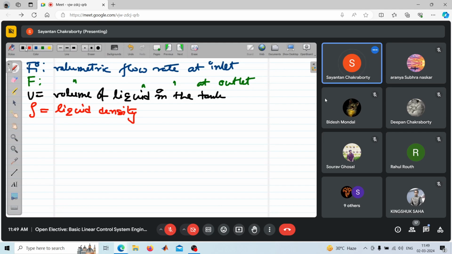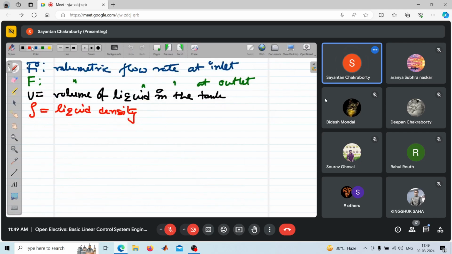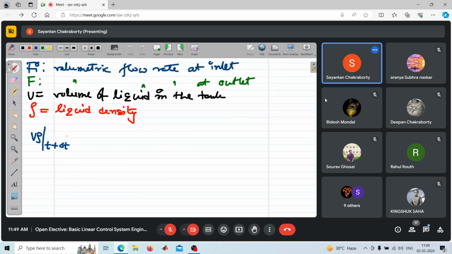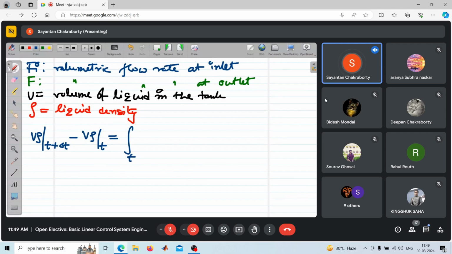Then we can write from the mass balance the mass of water in the tank at T plus delta T, that is V rho at T plus delta T, minus mass of water in the tank at T, minus V rho at T, that is equal to mass of water entering the tank between T and T plus delta T, integration T to T plus delta T Fi into rho dt, minus mass of water leaving the tank between T and T plus delta T, integration of F rho dt.